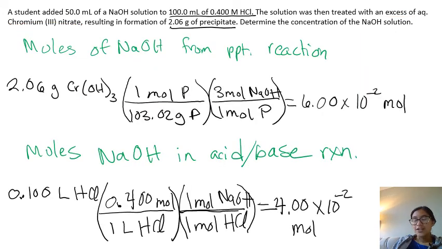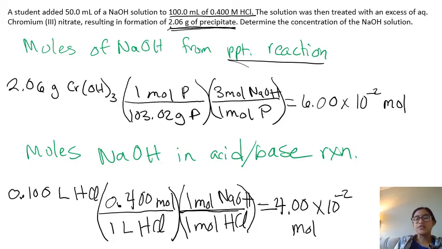All right, sorry I had to re-record this page, but what I was just showing here is that we need to calculate the moles of NaOH from each of the reactions so that you can tell the total amount of sodium hydroxide that was used up. So first, from the precipitation reaction, we used the amount of precipitate that's given to us, 2.066 grams, and you have to get the moles before you get to stoichiometry.